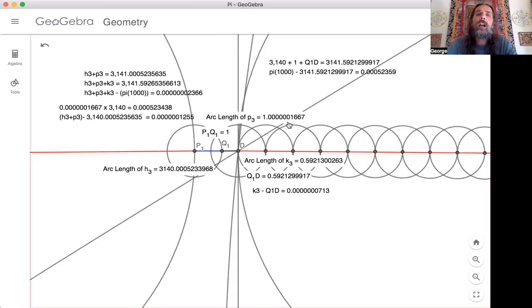So that's how much is beyond unit 1, right? The remainder of that. So basically, if I take that number and I multiply it by 3,140, so I multiplied it by all the circles that got me to this point, the 3,140 of them, which is the arc length above it.